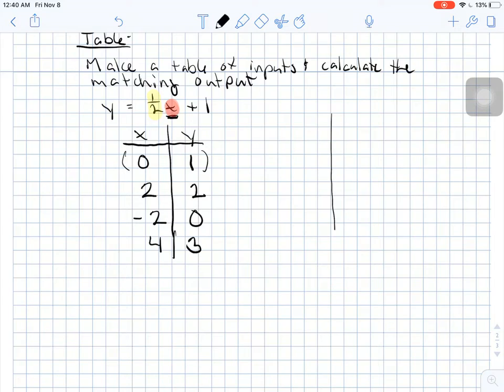Once you get a bunch of coordinates, then you can take those and you can drop them on your graph. So (0, 1), (2, 2), (-2, 0), (4, 3). And once you get a few of them, then you can see, oh, there's that straight line, and you can go ahead and draw the line.